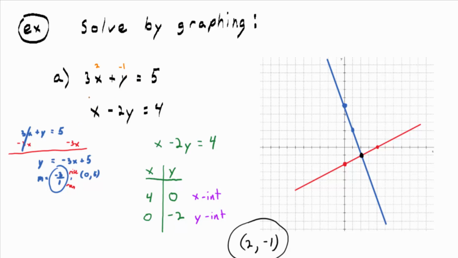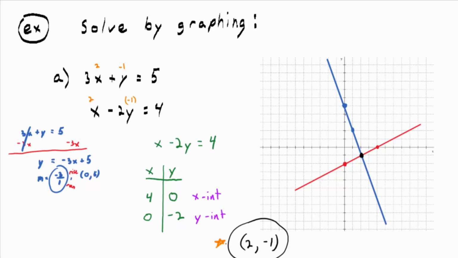And when you plug the 2 in here and the negative 1 in here, do you get 4? Yeah, you end up with 2 plus 2 on the left side, right? Which is 4. So you know that's the correct answer. You can always check your answers when you're solving equations or systems of equations. But when it's systems of equations, you have to check in both.